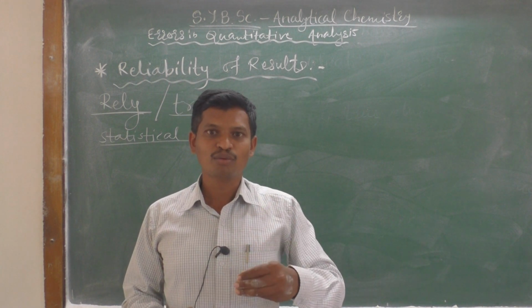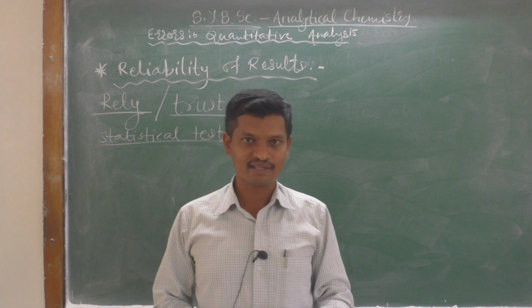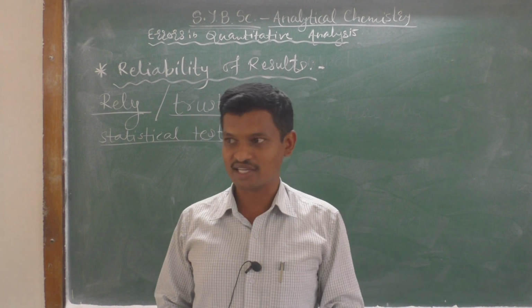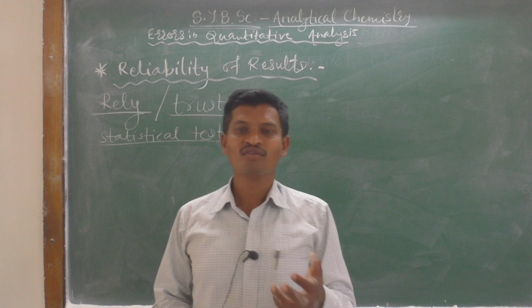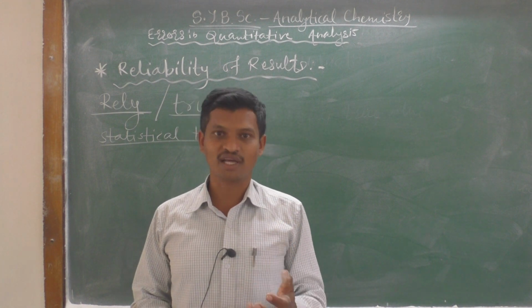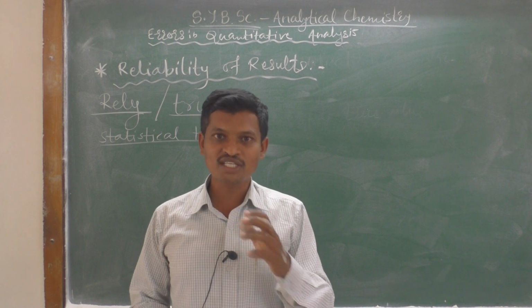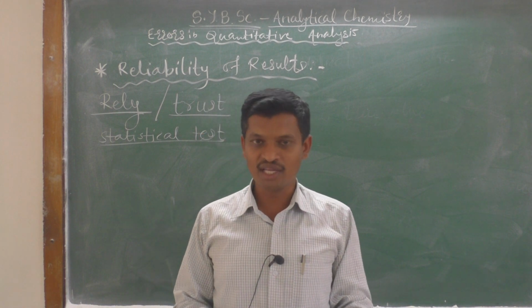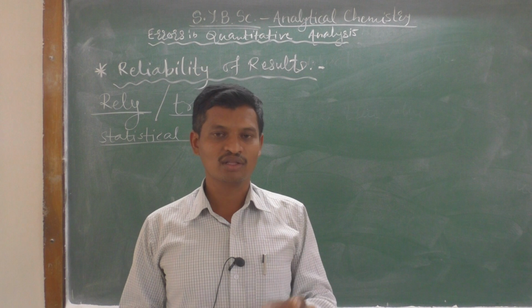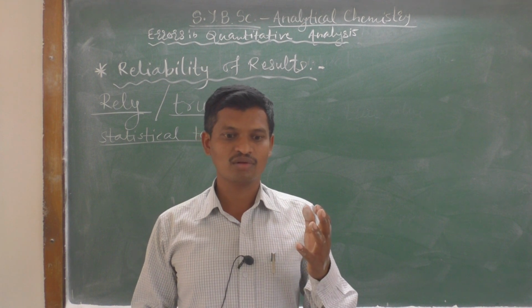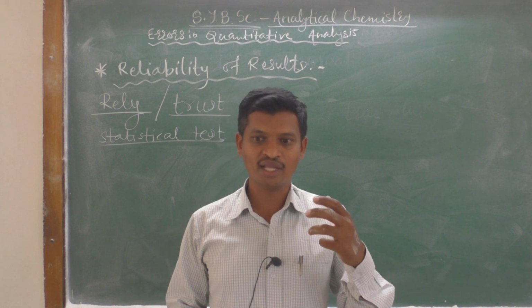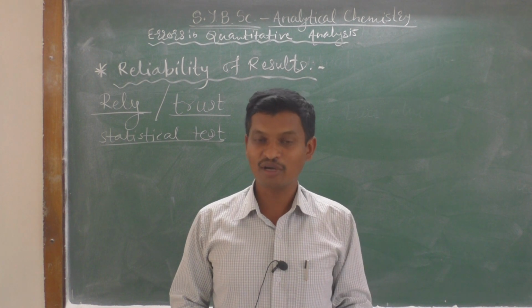If you are getting a number of values, a number of results for a particular analysis, then some values may be discarded, some values may be neglected. The reason for that must be clear. One cannot discard any value or result depending on the desire of a particular person.